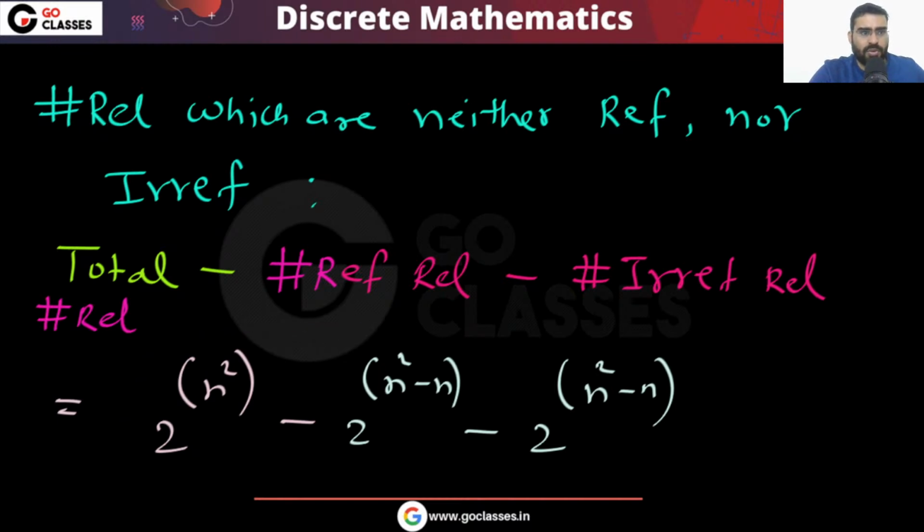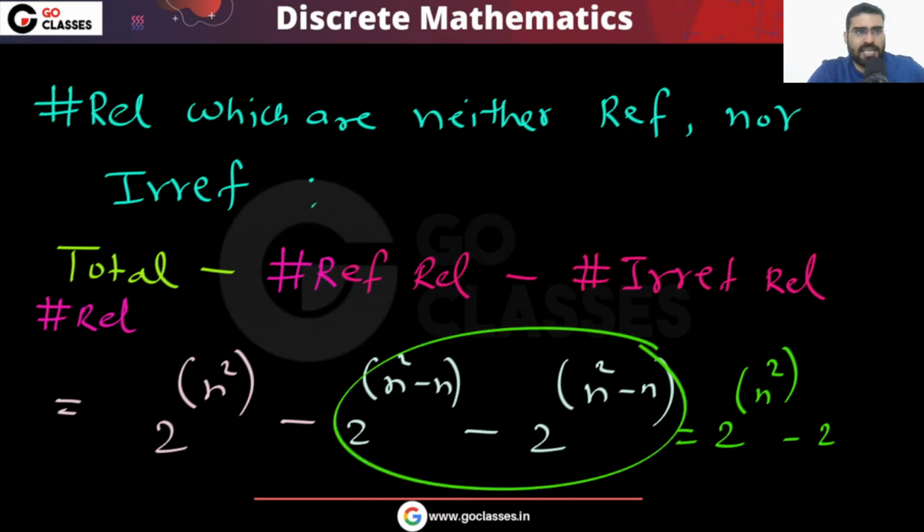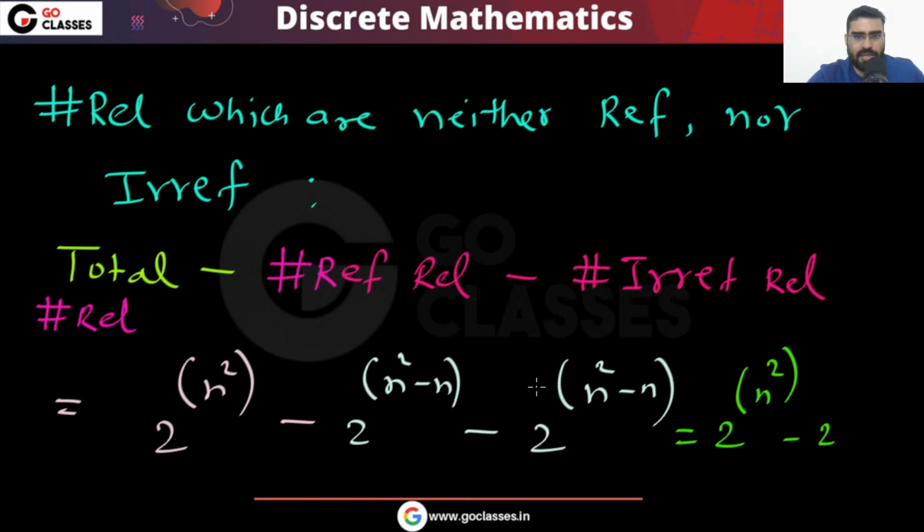Or you can write it as 2 power n square minus 2 power n square minus n plus 1, because these two are the same, so you can just double it. Like this also you can write.